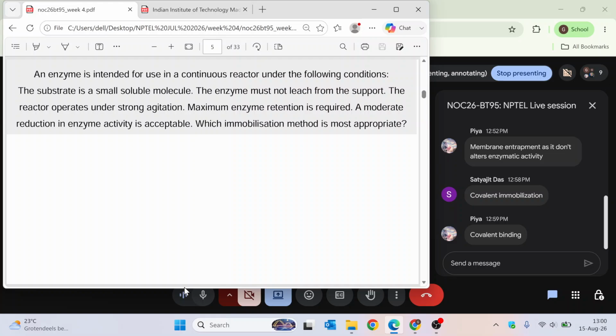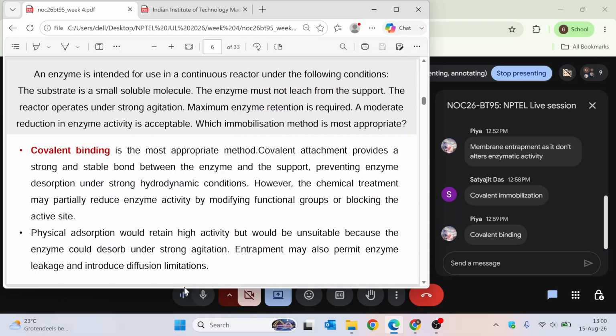Okay, so two people have said it's covalent binding, and that's right. Because it provides a strong and stable bond between the matrix and the enzyme. So here also we have a high hydrodynamic shear, so it will not come out.